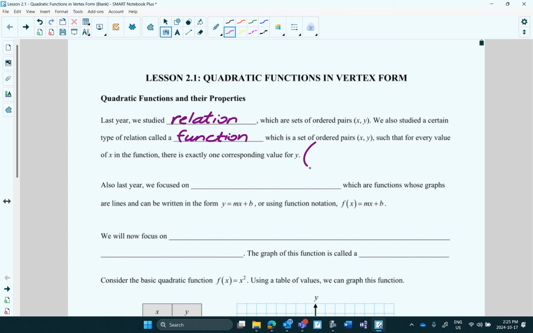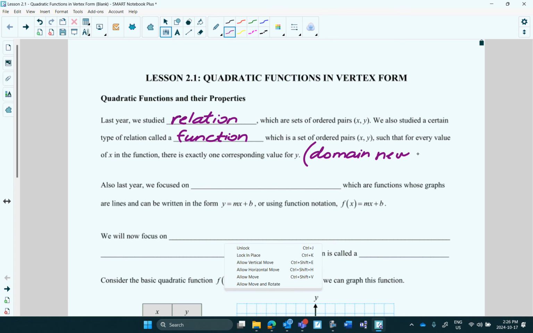Something never repeats. Domain never repeats. Remember, domain just represents the x values in a relation. We're going to talk about that again in this lesson. Domain never repeats. That's how we remember it, really, rather than trying to put this big jumble of words here. Okay.